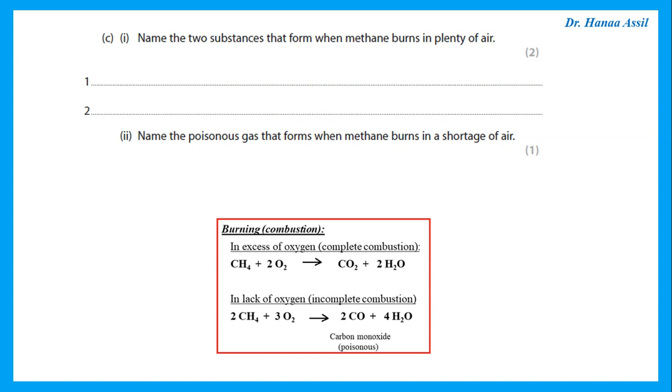So when methane or any organic compound burns in a lot of oxygen, the two substances that form are carbon dioxide and water. But when we have incomplete combustion, or burning in shortage of air or lack of oxygen, then the poisonous gas that forms is carbon monoxide.